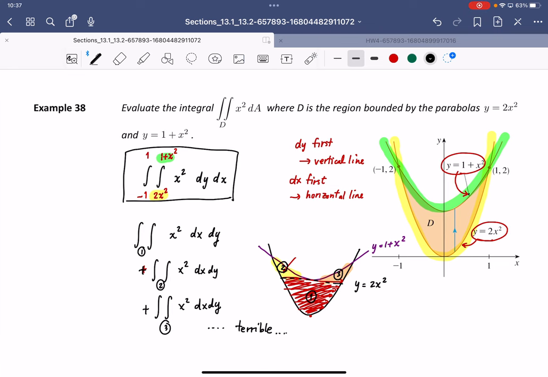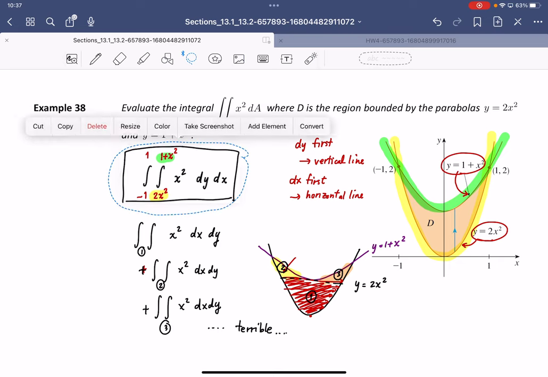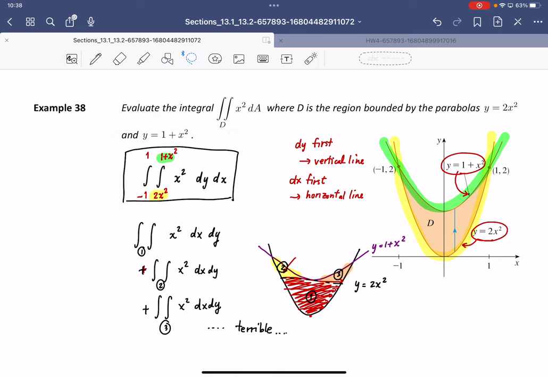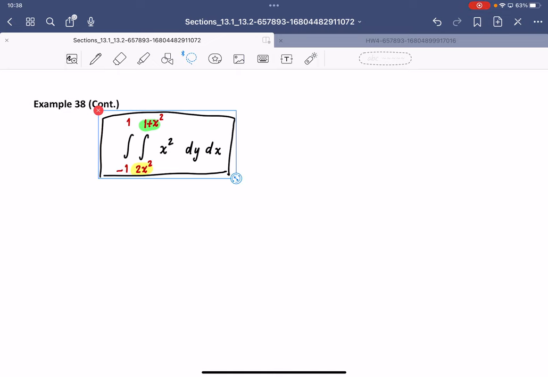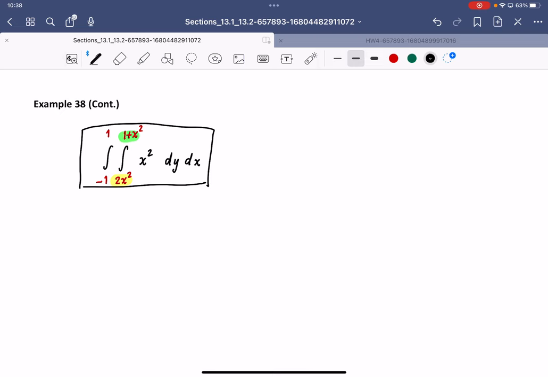So carry this one and then integrate it. Copy and then paste it here. And now you want to integrate this one. First of all, you integrate x squared, so you get x squared times y, right?